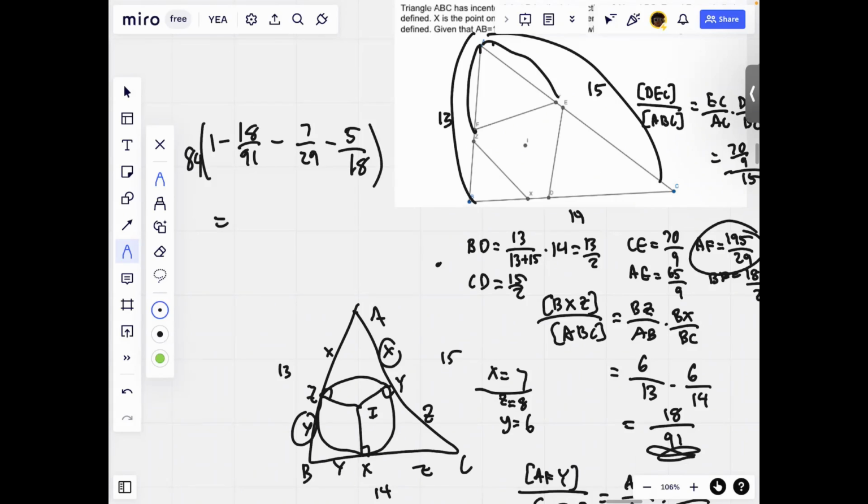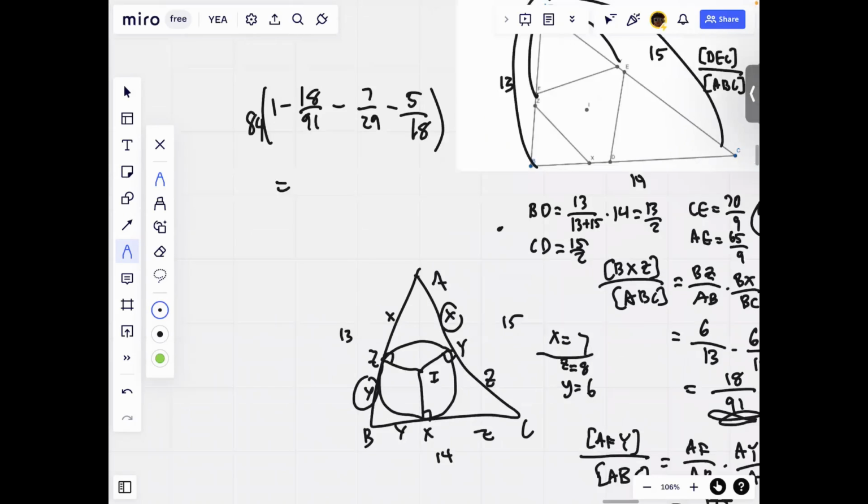So if we calculate this, this is 84 minus 216 over 13 minus 588 over 29 minus 70 over 3.